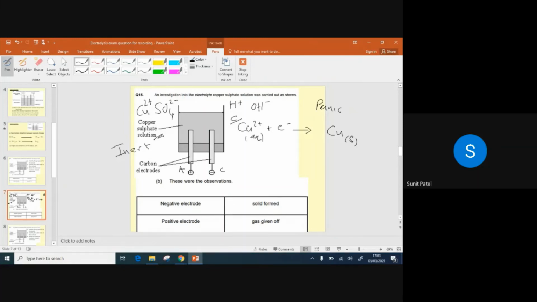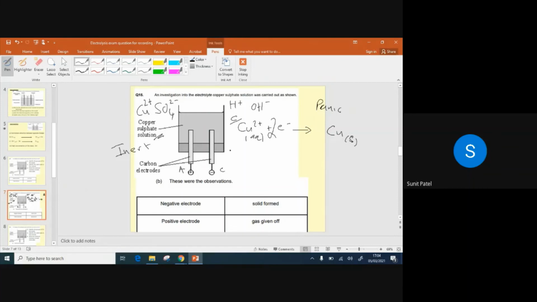I've got Cu before the arrow, Cu after the arrow. Balance, no problems. Overall charge on this side, 2+ plus 1-, so I've got 1+ overall before the arrow, 0 after the arrow. Therefore, it needs balancing. Put a great big 2 in front. Overall is balanced. So now I've got a balanced equation there.